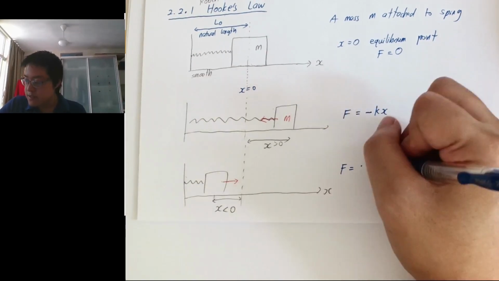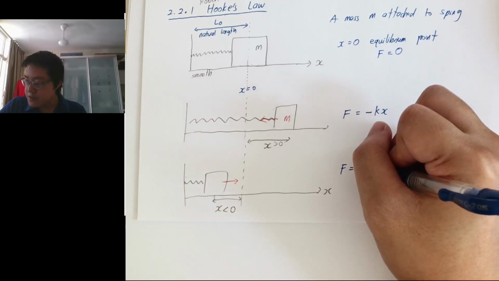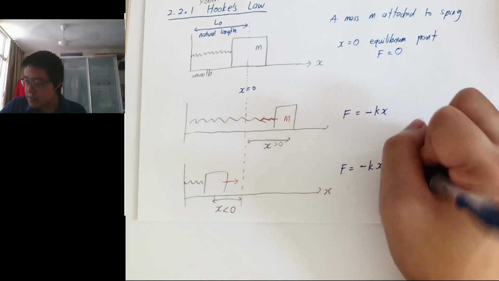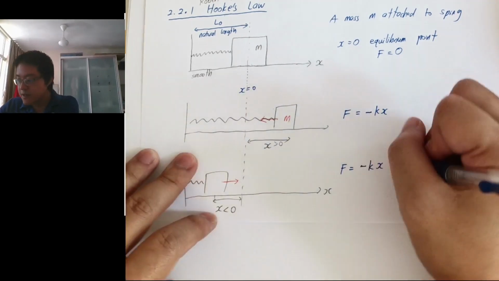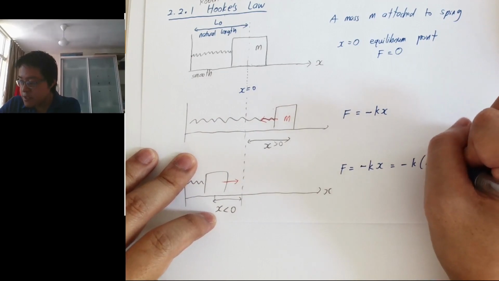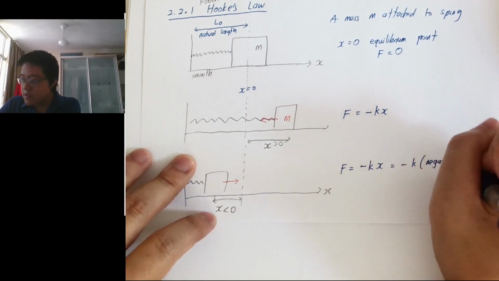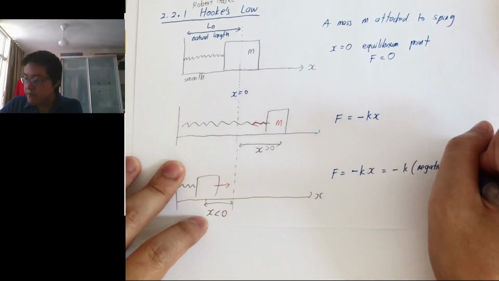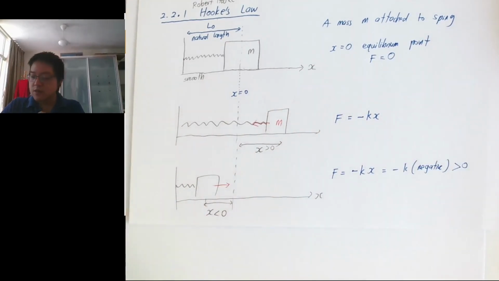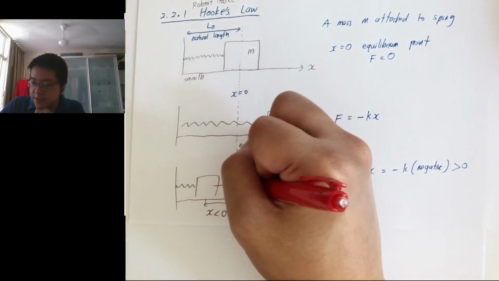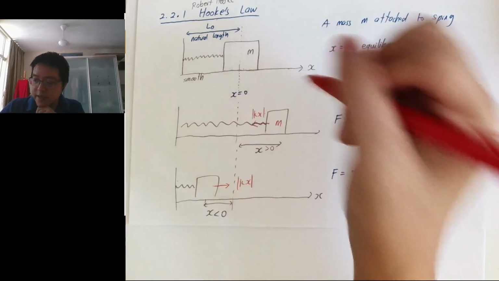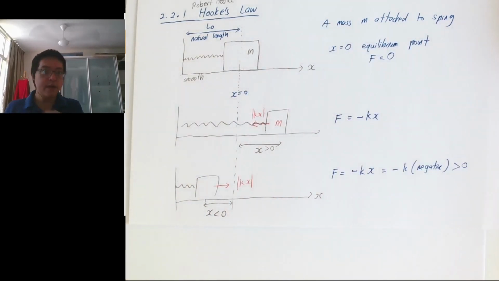The force is still minus kx, but in this case x is negative, so negative times negative gives a positive force. That's why the force is coming in this direction. So the absolute value of the force is just kx, like this.